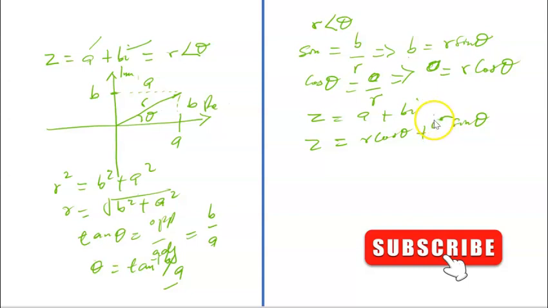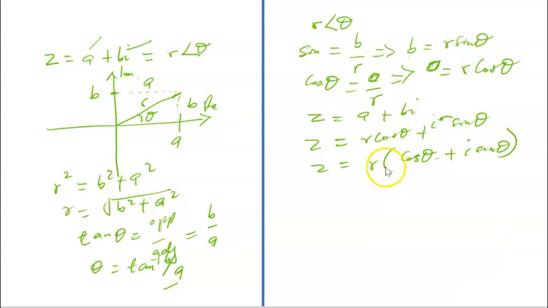So that z now is the same thing as r, open the bracket, cos theta plus i sin theta. From this, you can easily derive both your real part and your imaginary part and have your rectangular form.